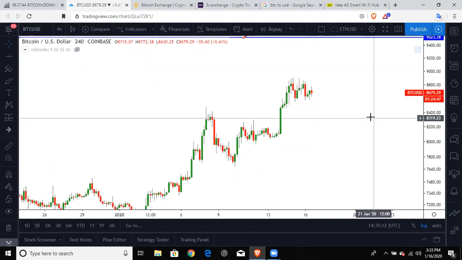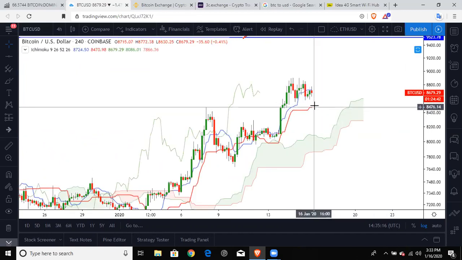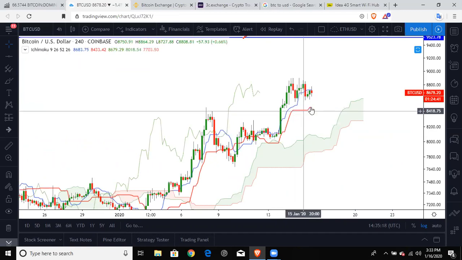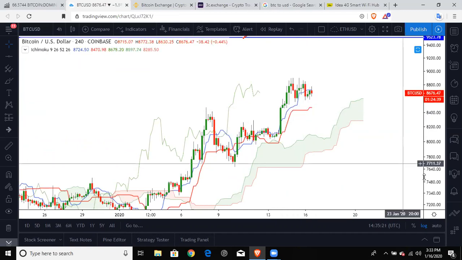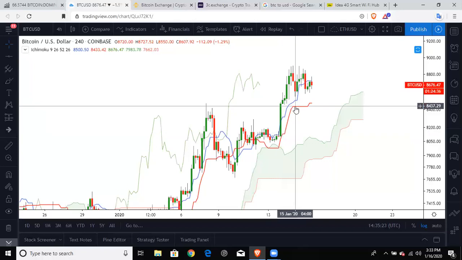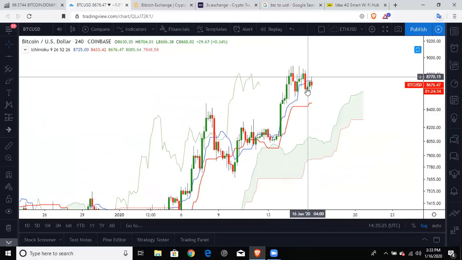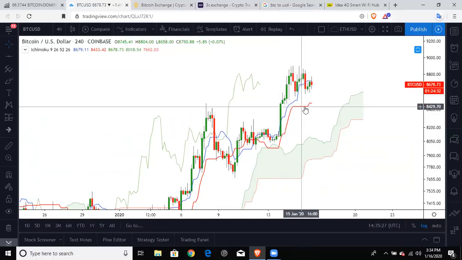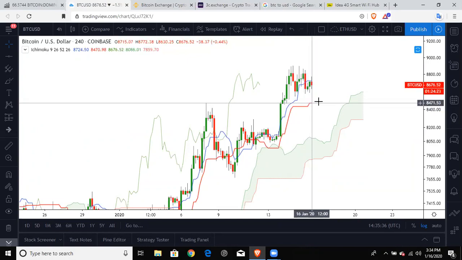But we need to be careful around here because of this flat Kijun. And take note of this. Whenever you're having flat Kijun going like this, we've got this pullback when it had this long horizontal level around here. We saw another angulation to the upside. Now we're still getting it going flat.